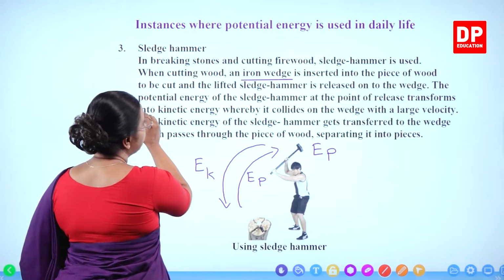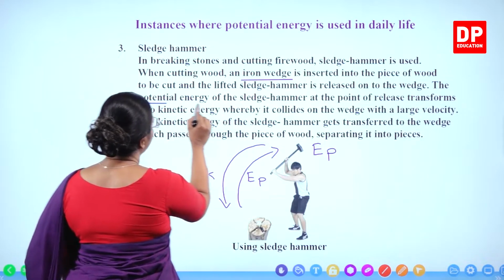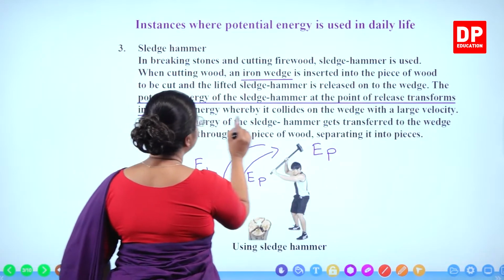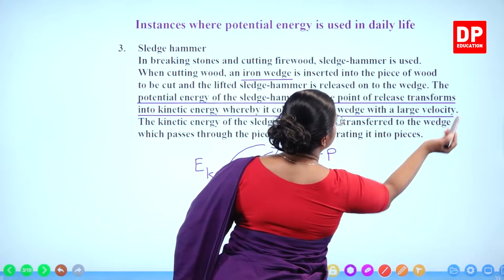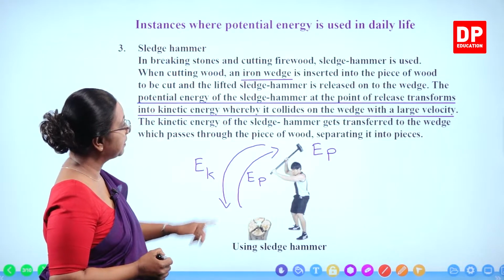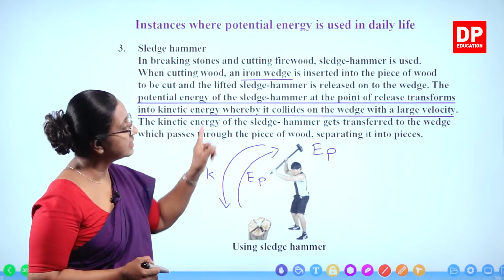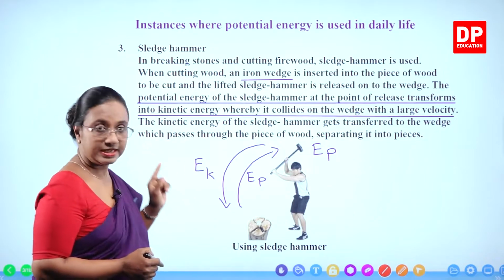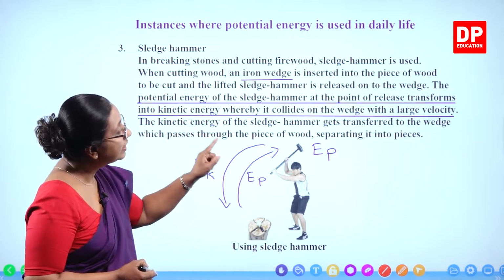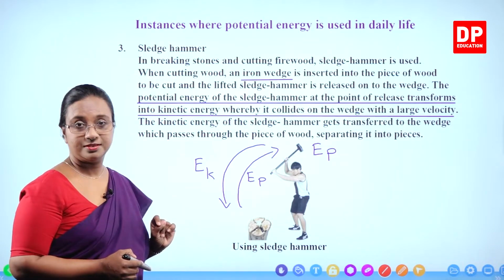That is the important part that I explained to you all. I will read it again for you all. The potential energy of the sledgehammer at the point of release transforms into kinetic energy, whereby it collides on the wedge with a larger velocity.